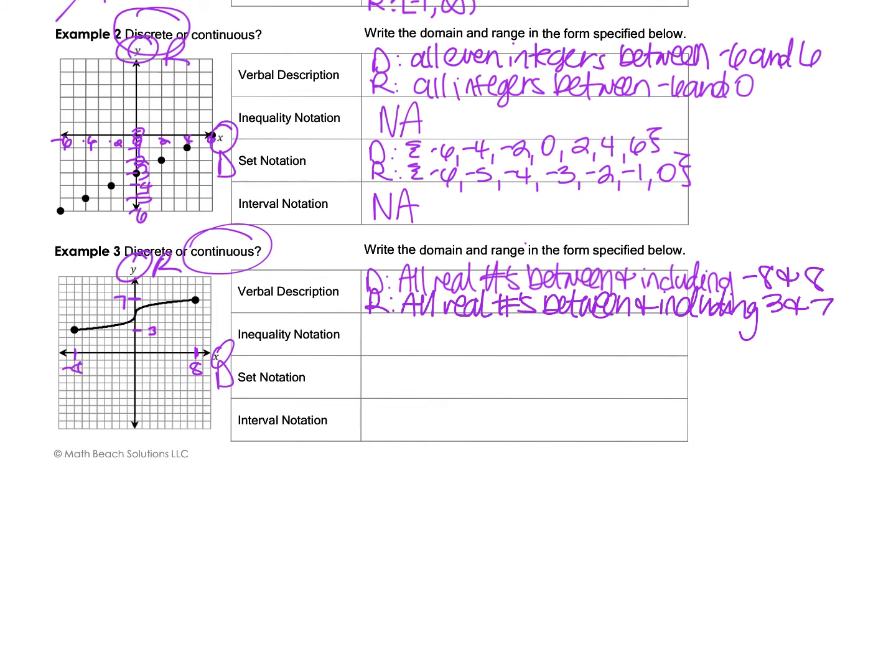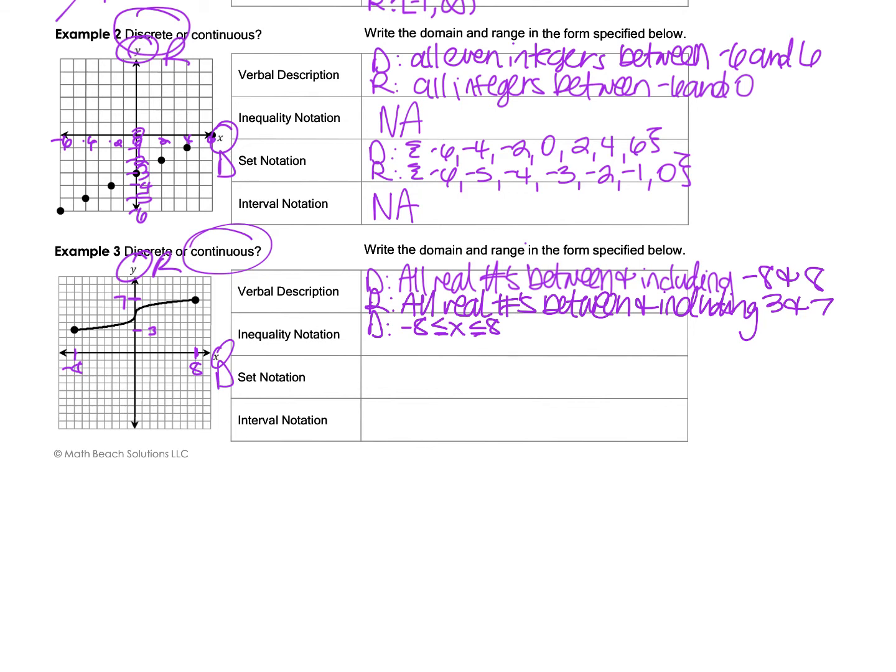So the inequality notation for the domain, it's in between on the x, in between -8 and 8, and it includes all the numbers in between. So we're just going to have an and statement. So in between -8 and 8, and -8 is less than, so we'll use less than symbols. And then it includes both of them, so make sure you put the equals too.